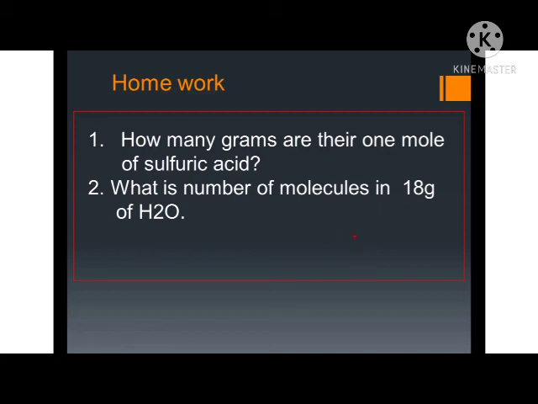If it is 1 mole, then the number will be 6.023 into 10 raised to power 23. If this is 2 moles, then 2 multiplied by 6.023 into 10 raised to power 23. If this is 3 moles, then 3 into 6.023 into 10 raised to power 23. So you have to find out the amount of moles, then that number will be multiplied by this Avogadro number.